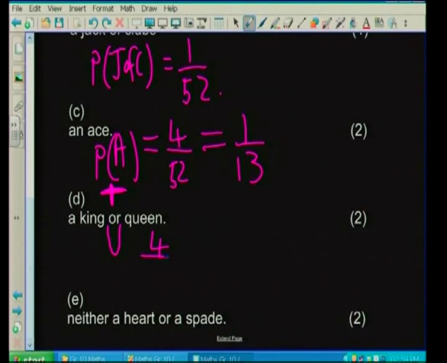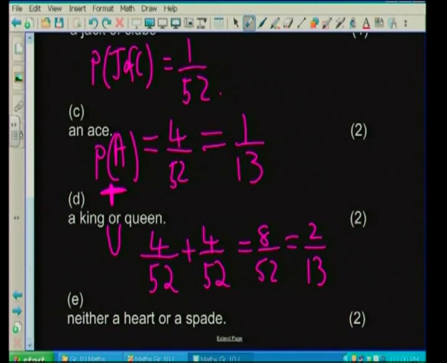So we've got a king of hearts, a king of diamonds, clubs, and spades. So we've got 4 out of 52 kings plus 4 out of 52 queens. And that gives us 8 out of 52, which is 2 out of 13. Very important, guys. This or goes with union, and if it was a Venn diagram, you would take both circles. Also, or means that we have to add. Right, lovely.